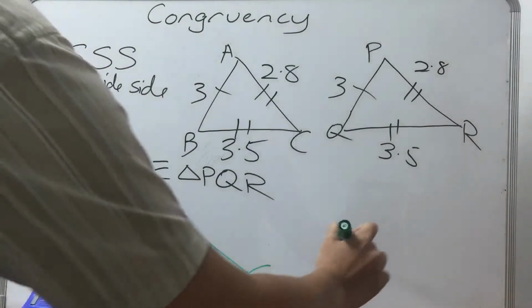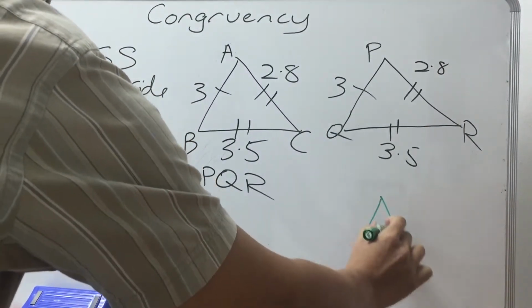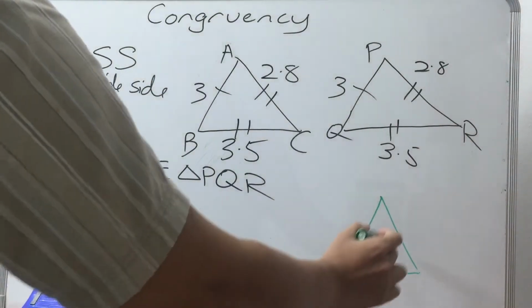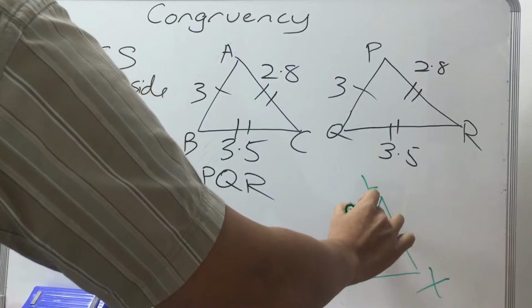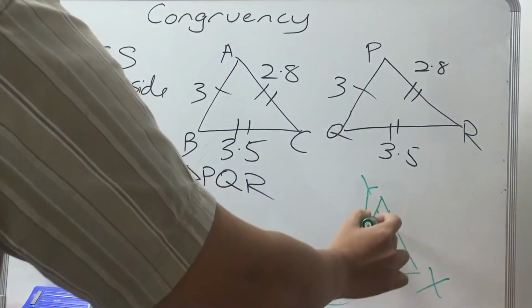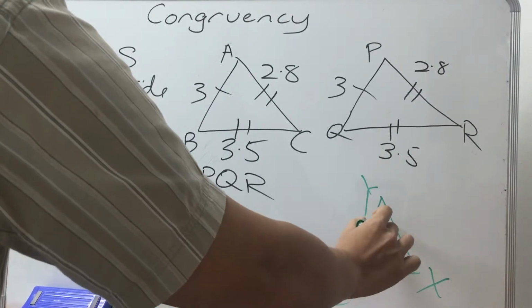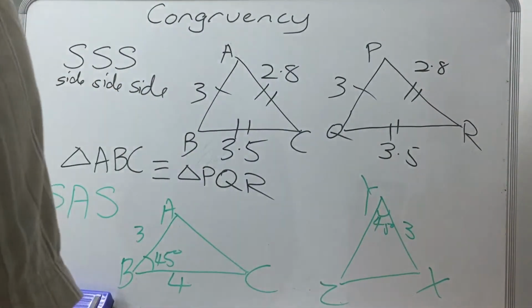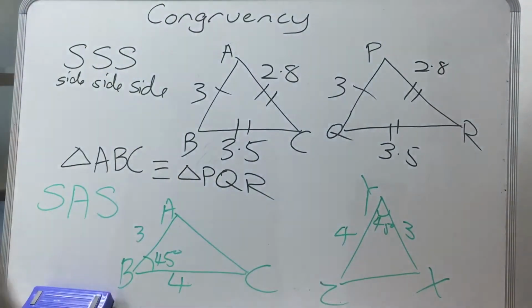Now we have another triangle in a different orientation. Let's call it XYZ. In this case our angle XYZ is 45 degrees, XY is 3 cm and YZ is 4 cm.